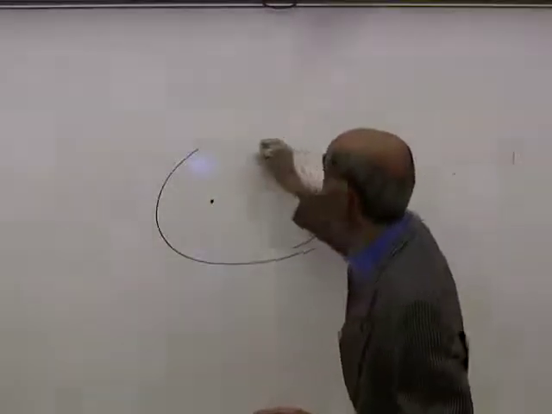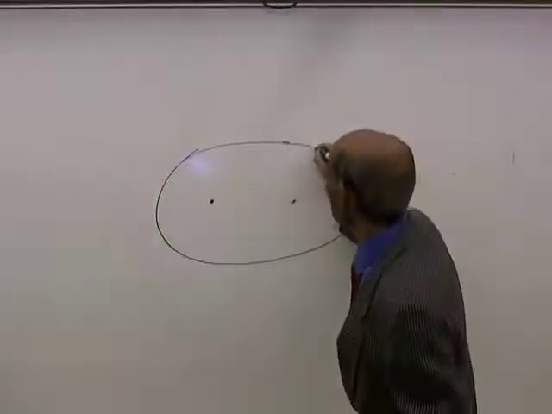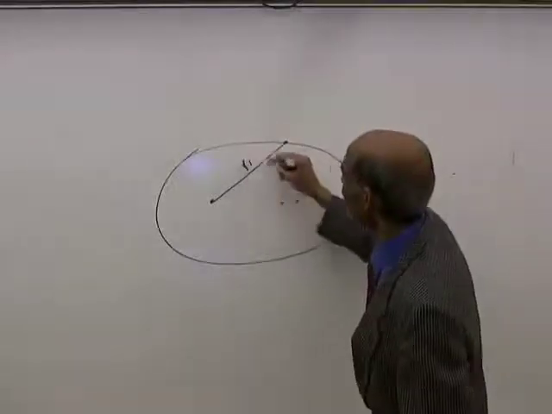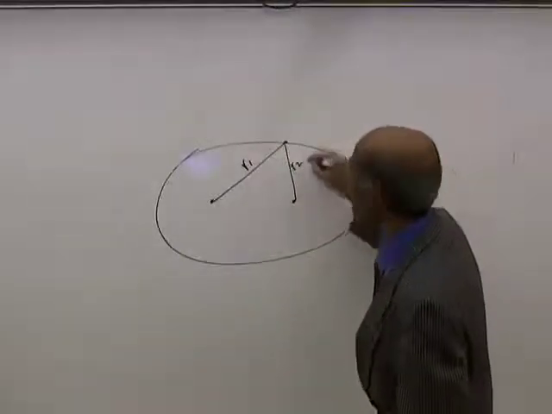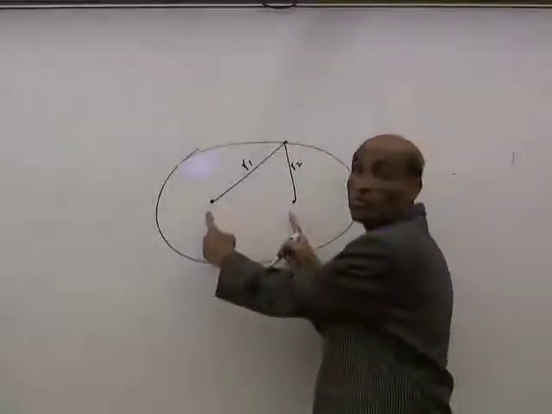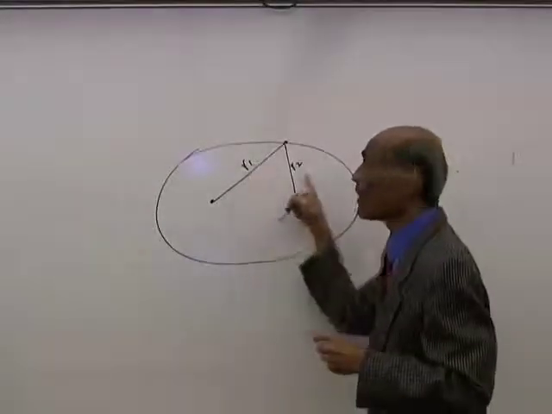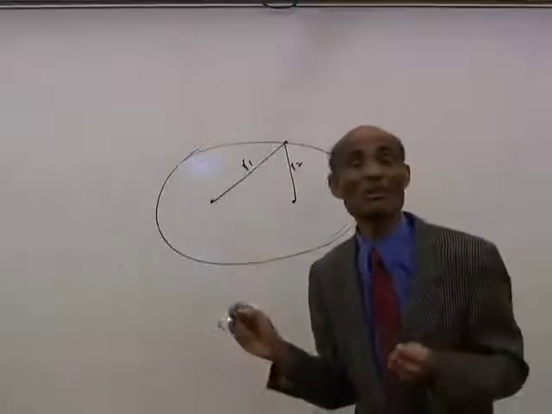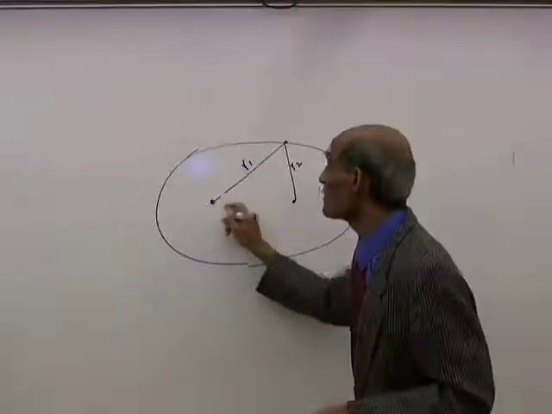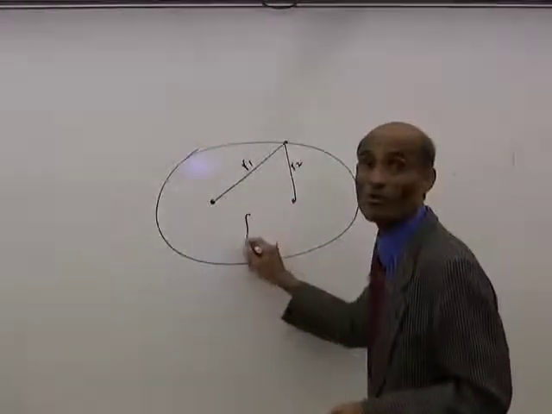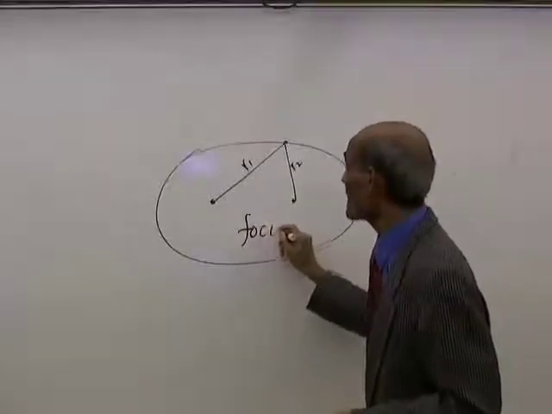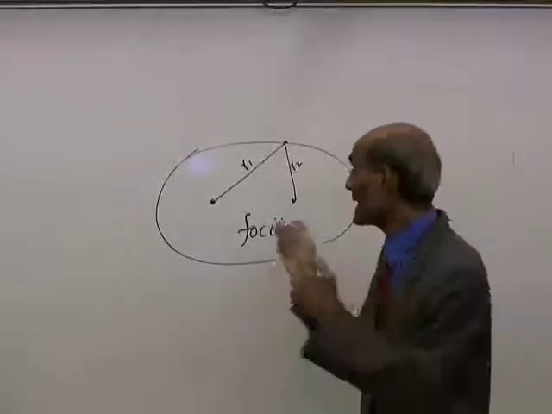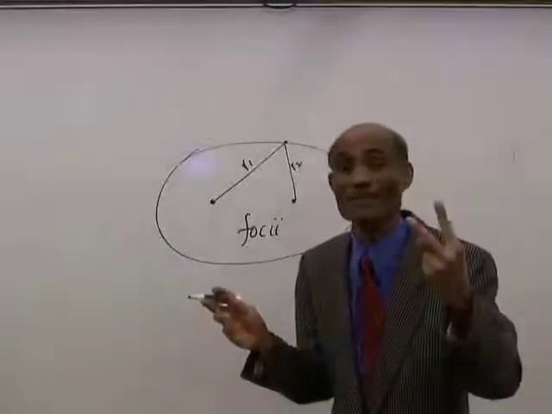In other words, if you take any number of points on the ellipse and measure the distance R1 and R2 from 2 fixed points, the sum of these distances will always be the same. That is the definition of an ellipse. And these 2 fixed points are called foci, which is the plural form of focus. So an ellipse has 2 foci.